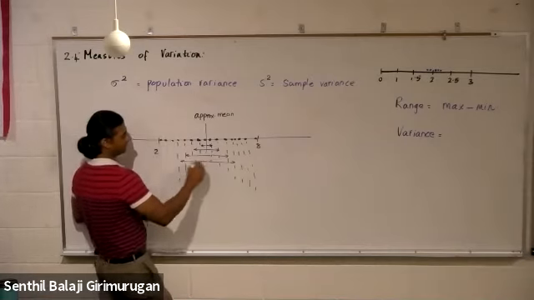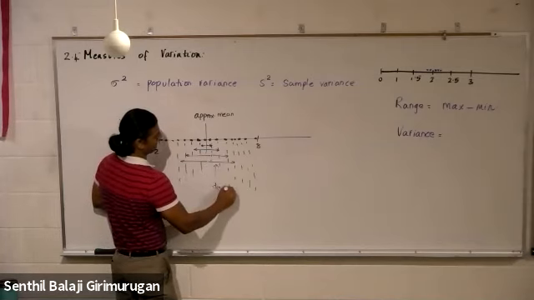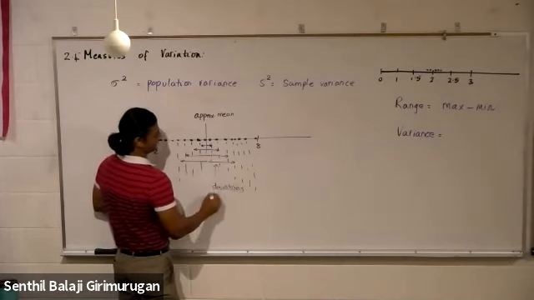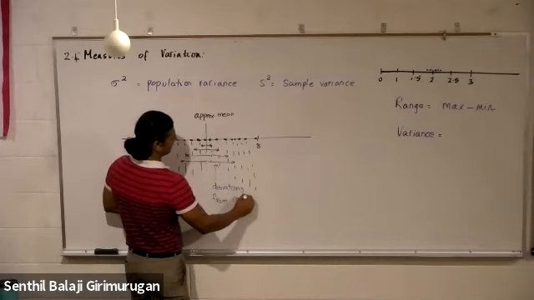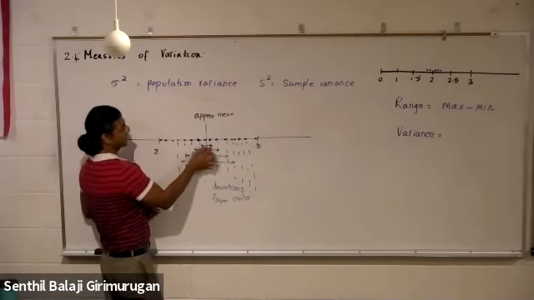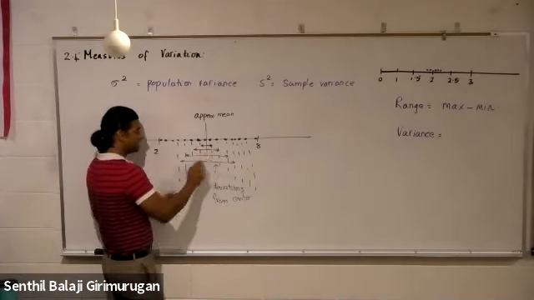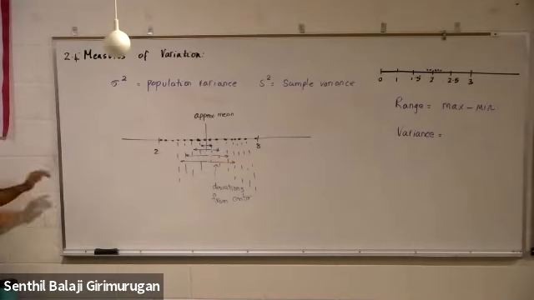Right, those are called deviations. And if I took the average of all these deviations, it should give us the spread between the two, correct? So I've measured from here to there, here to there, here to there. So the average should give us a measure of spread.